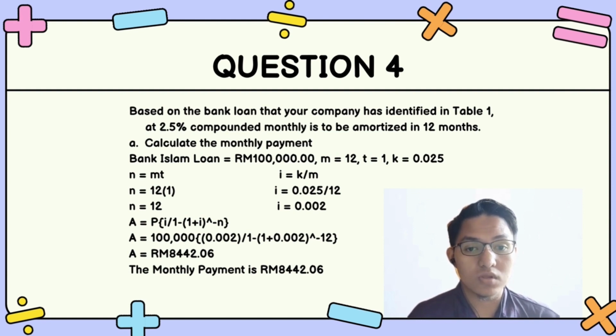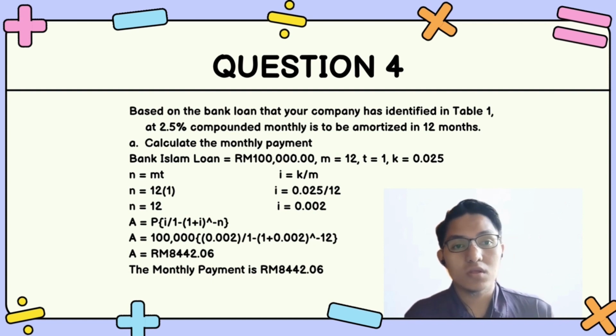So we're going to first search for the annual payment, that means the monthly payment. The formula for the monthly payment is P in brackets i divided by 1 minus (1 plus i) power negative n.